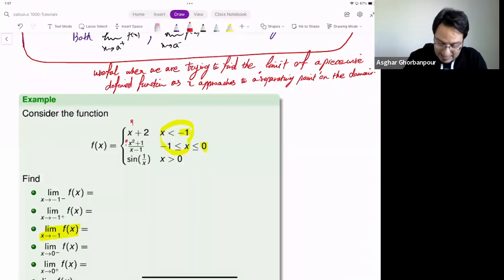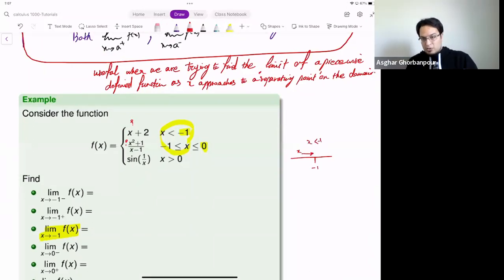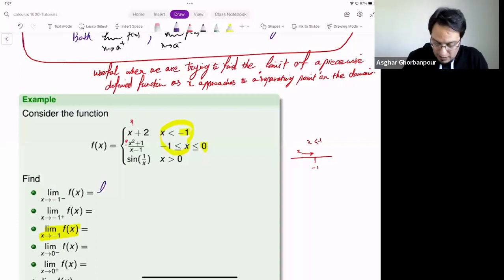For example, as x goes to -1 from the left, I am approaching -1 with values of x which are less than -1. I'm getting closer to -1, but from the left. So the formula that will work for our function in this case is x plus 2.